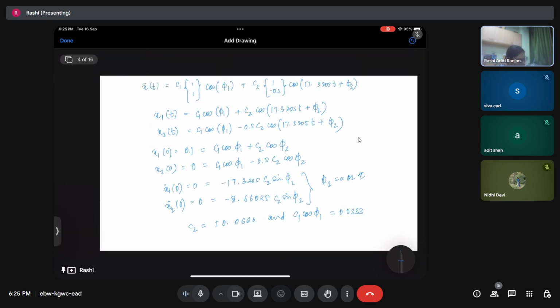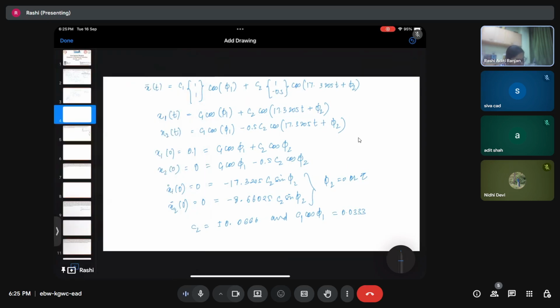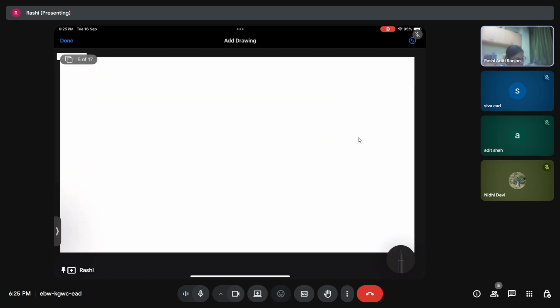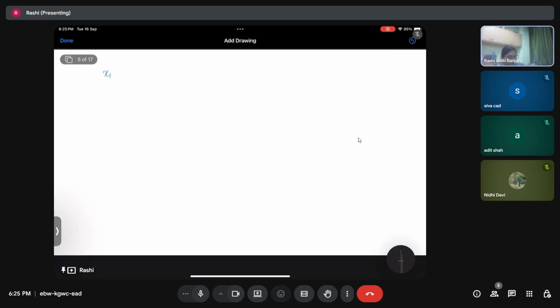So finally, using all these things, we get the final solution as x1 of t as 0.0333 plus minus 0.0666 cos of 17.3205 t plus phi 2.